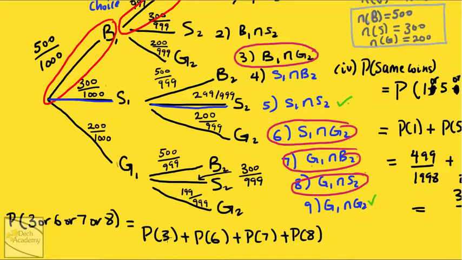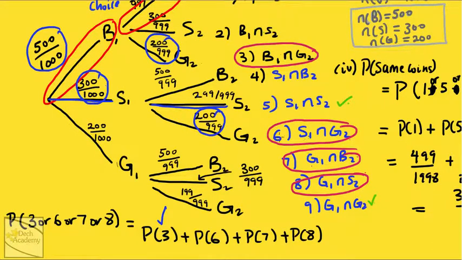Now how do you work out the probability of event 3? This is going to get very messy, but just try to pay attention. The probability of event 3 is obtained by multiplying along the branches corresponding to 3. So B1 times G2. For the probability of event 6, you multiply the probabilities along the branches: S1 times G2.